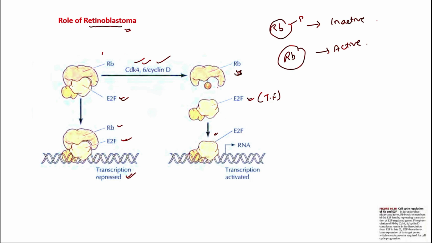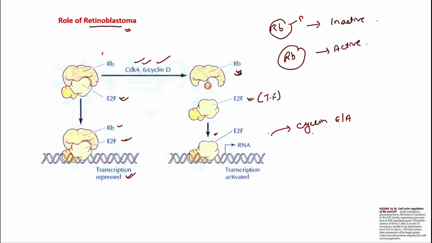When E2F is activated, what does it do? It binds with the promoters of cyclin E and cyclin A. Cyclin E and cyclin A are responsible for the G1-S phase transition, as we have already discussed in our first video as well as in this video.